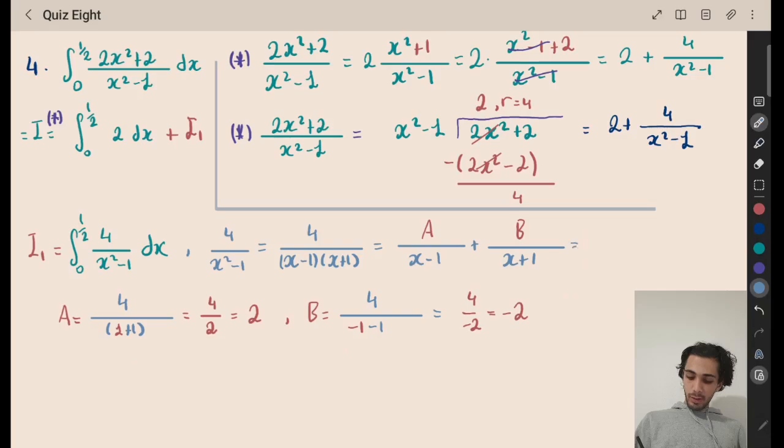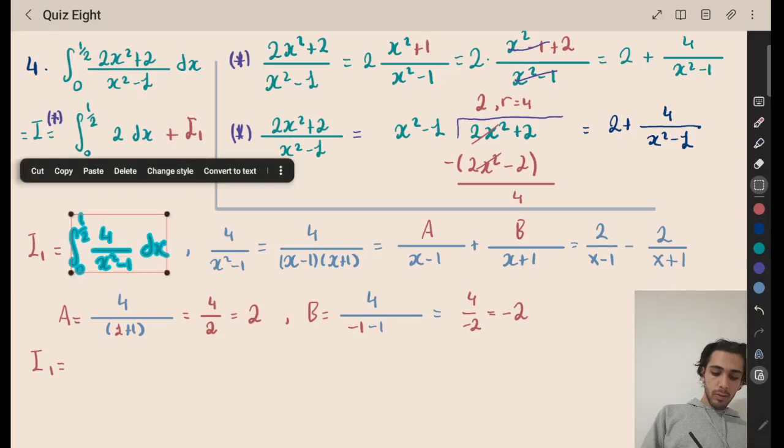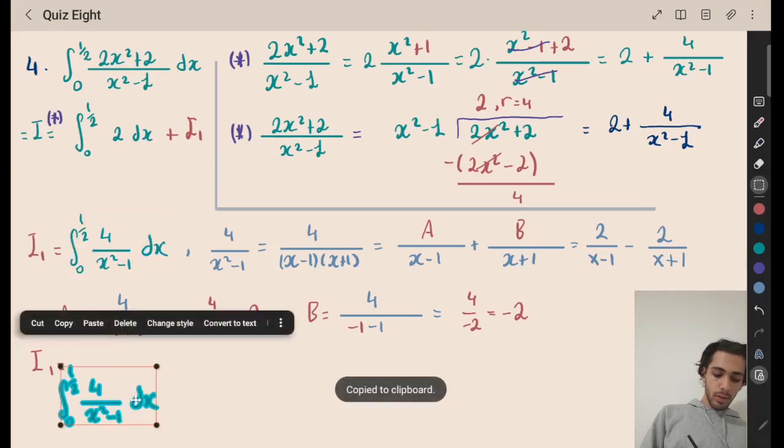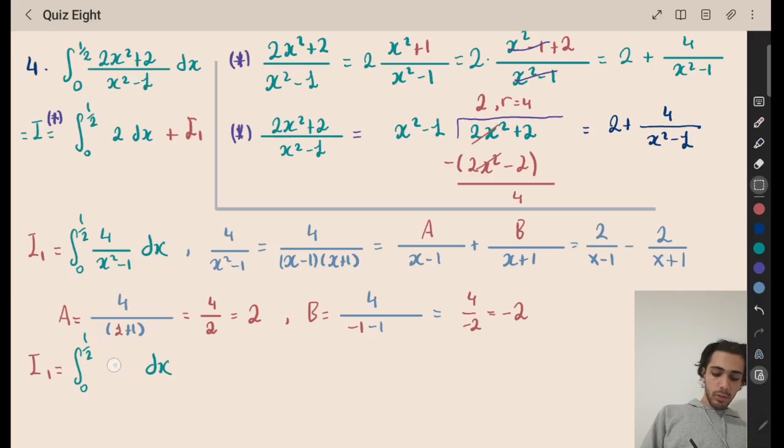Then that is just amazing, because I get 2 over x minus 1 plus minus 2 over x plus 1. Then my I1 is equal to the integral of this fraction, which is equal to the other two fractions.